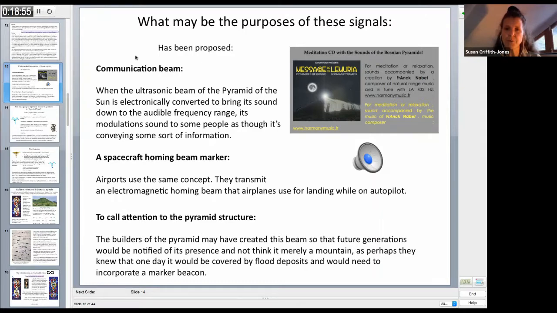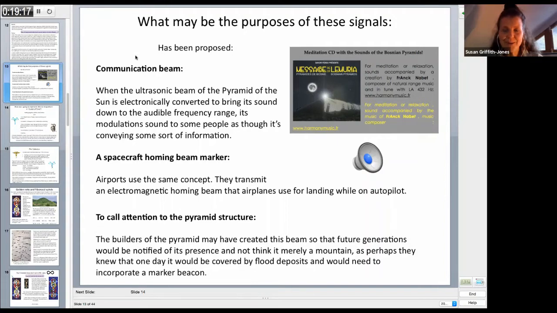It was also proposed that it's some kind of communication beam. When the ultrasonic beam of the pyramid of the sun is electronically converted to bring its sound down to the audible frequency range, its modulation sounds to some people as though it's conveying some sort of information.